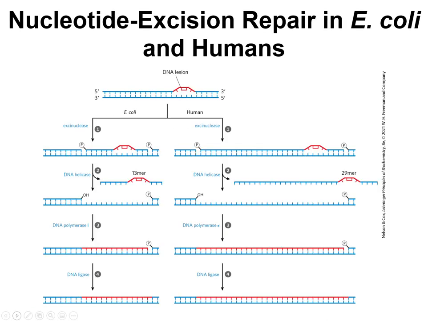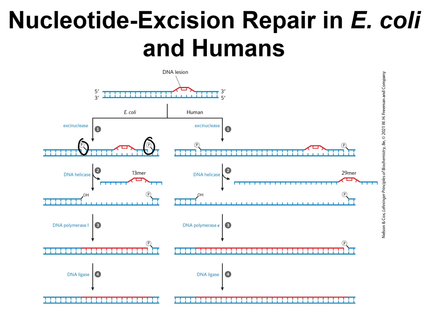So here's the comparison of E. coli and humans. We've got this DNA lesion that's causing some kind of structural change in the DNA. And we have the excinuclease coming in and binding. You can see that there's a nick here and here that's introduced. The nicks on either side of the lesion release a smaller piece of DNA.